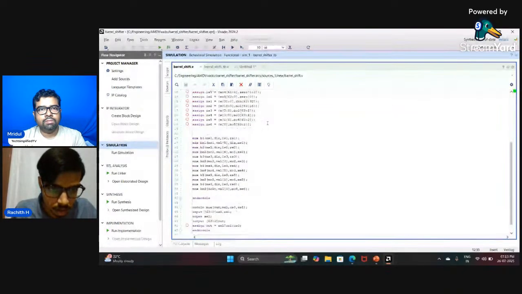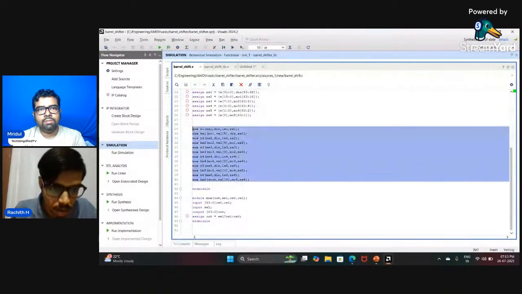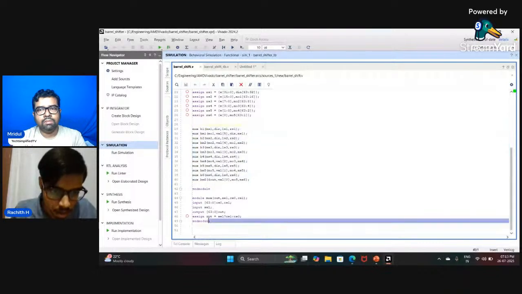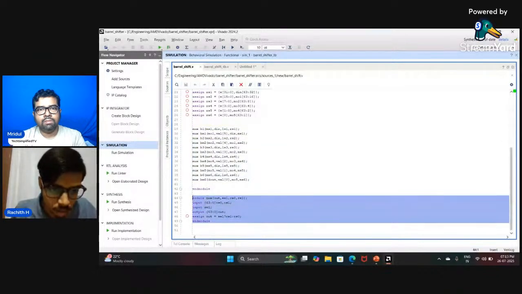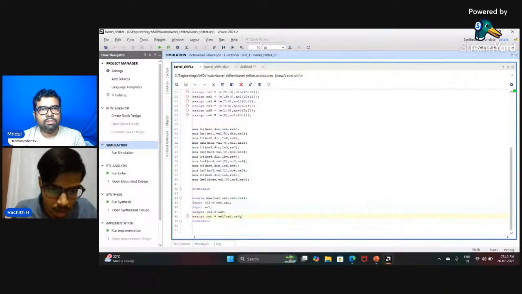So moving on further, here we have module instantiations of multiplexer. So this is another module for multiplexer which is declared here, and I have used a simple ternary operator to specify the 2:1 multiplexer behavior. If select is 1, CS1 is assigned to out. If select is 0, CS0 is assigned to out.